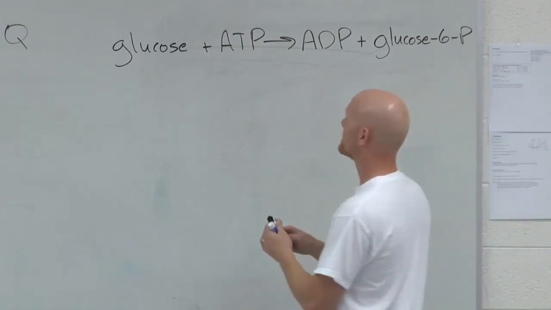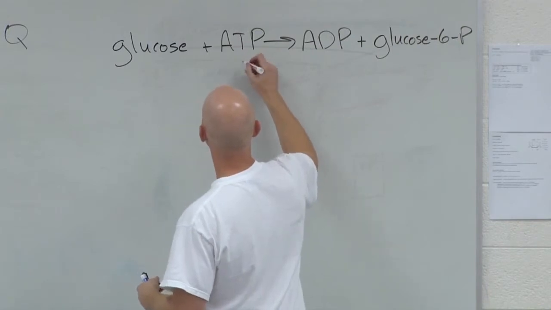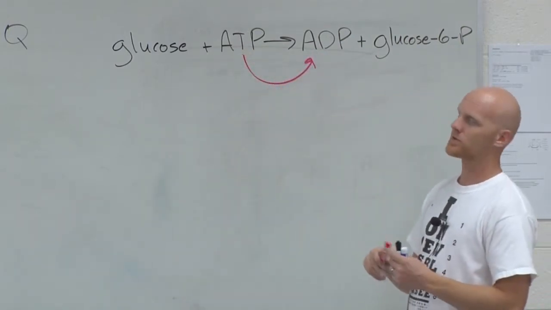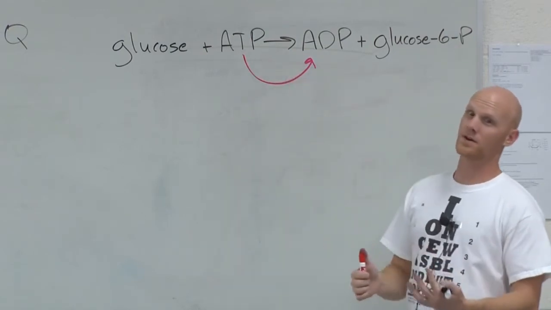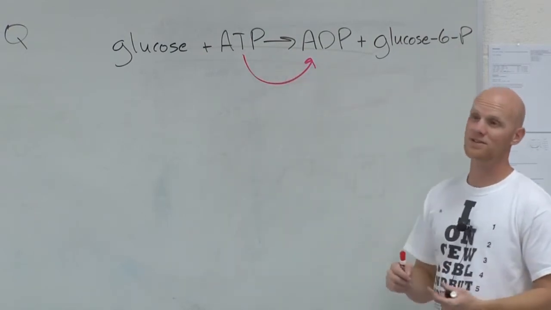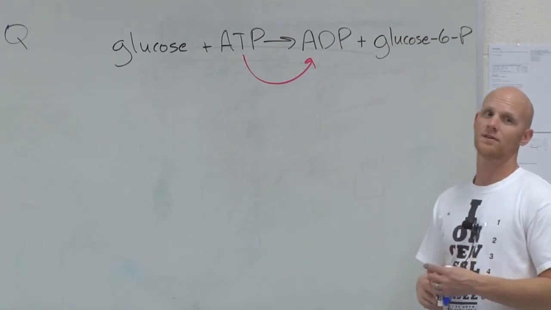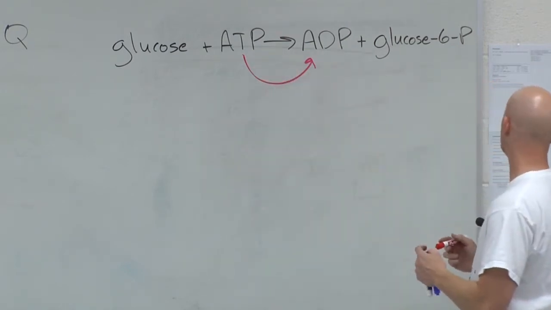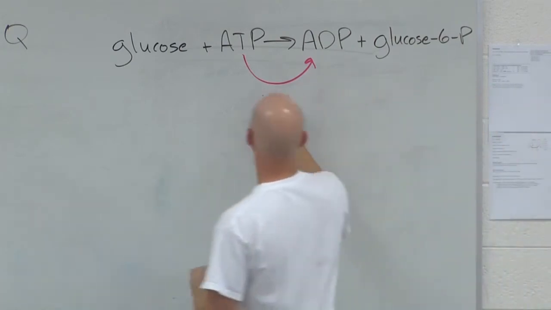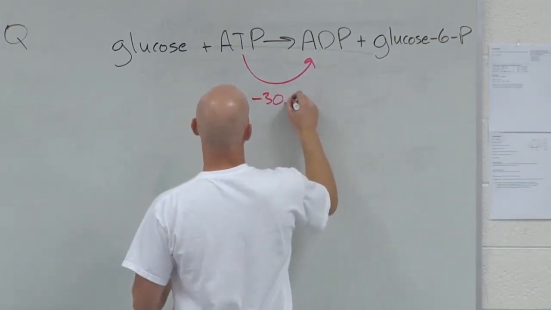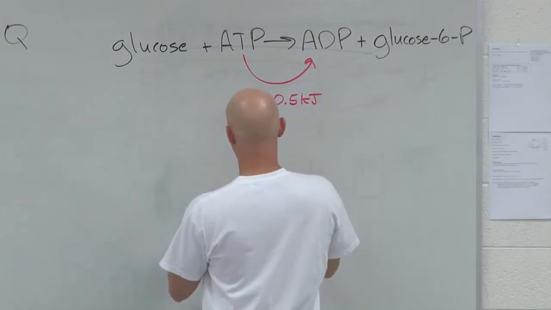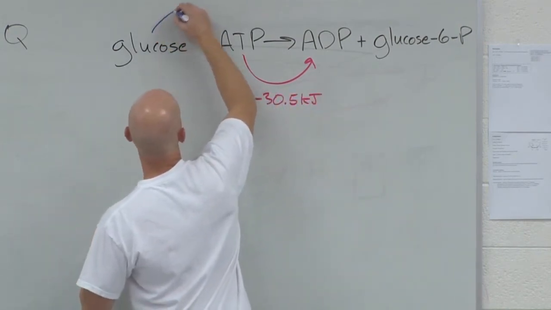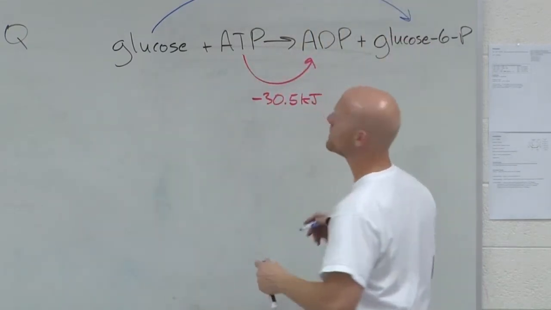Now notice, if you look at ATP turning into ADP, technically it's ATP plus water gives ADP plus inorganic phosphate. For that half of the process, what's delta G, according to the table given to you? On the other hand, your table doesn't show glucose turning into glucose 6-phosphate.